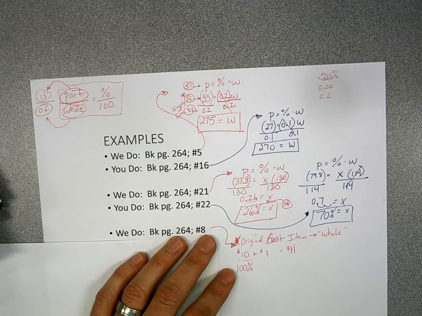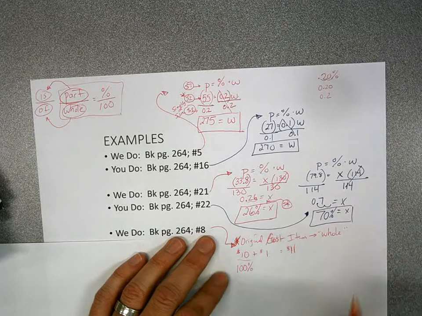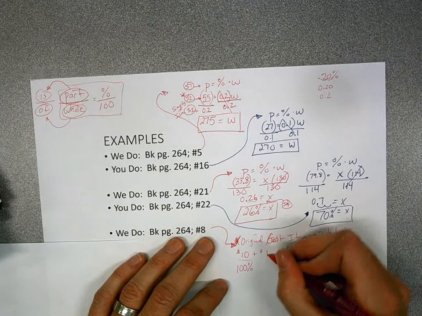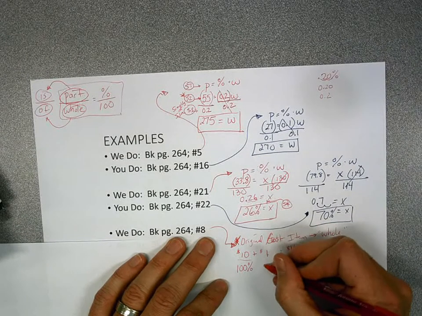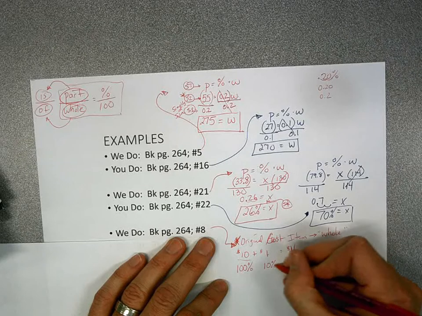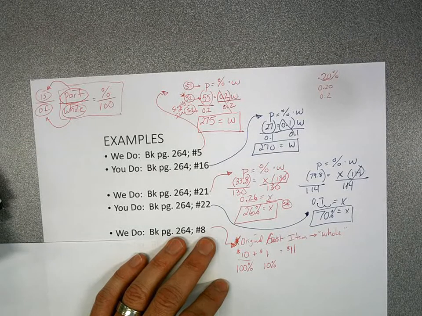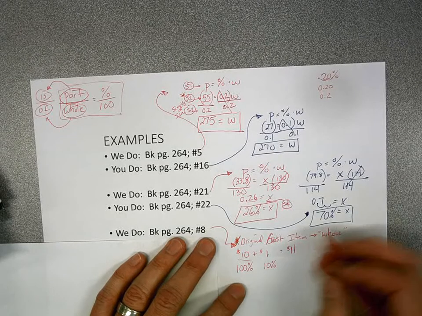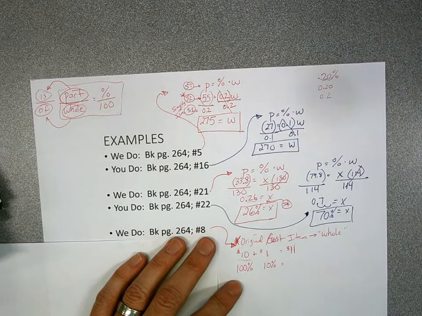Now, in this particular problem, I'm going to give this to you. The tax was 10%. You're paying 10% sales tax. Not that that's real, but I'm just making it nice and easy on you. When you pay for this shirt, what is the percentage of that original cost that you're really paying?